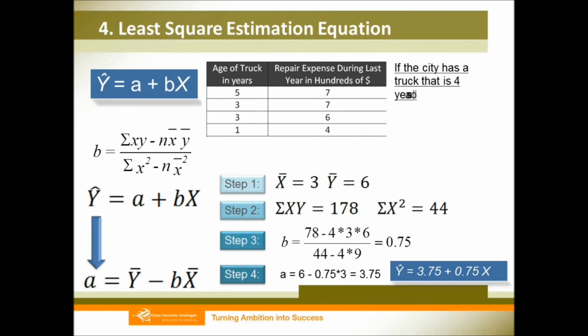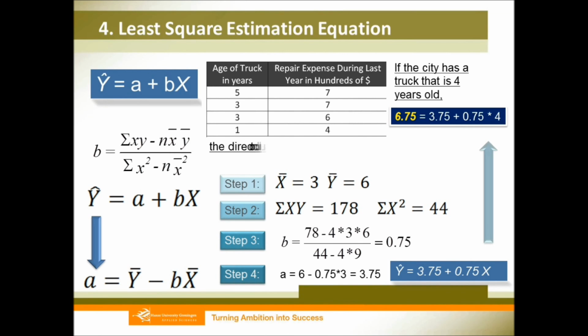Suppose we have a truck which is 4 years old, and we want to predict how much repair expense we need to spend on it this year. And now we can make use of this equation. Because the truck is 4 years old, our x variable will be 4. We use this equation replacing x with 4, and then we get 6.75.